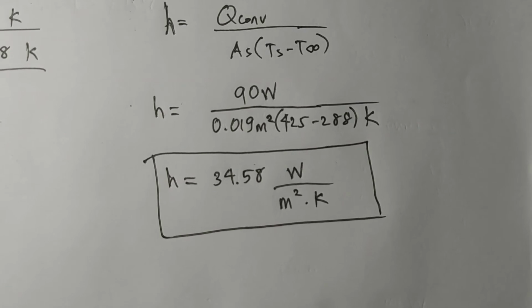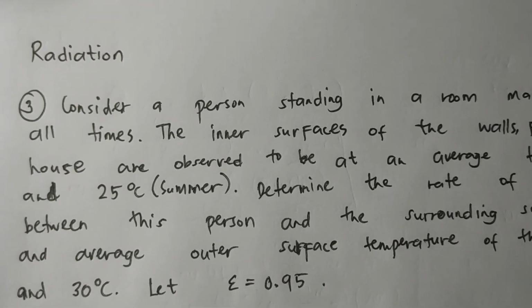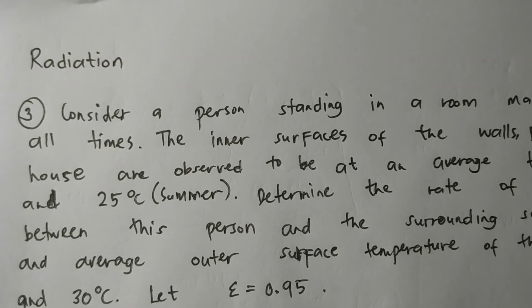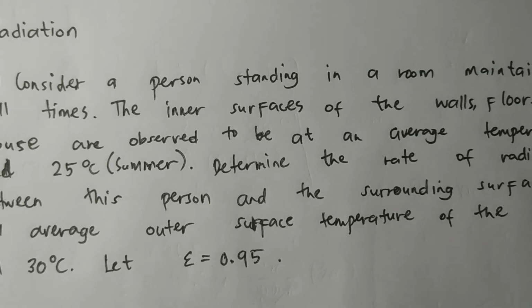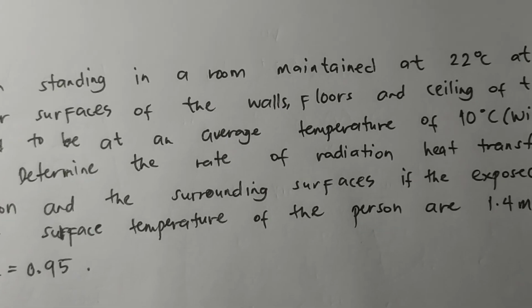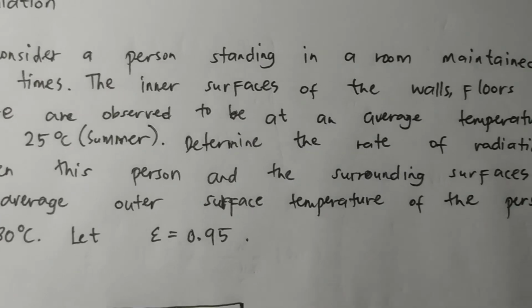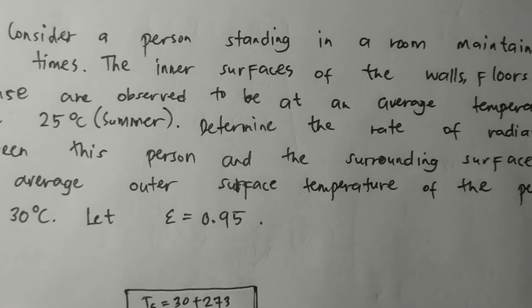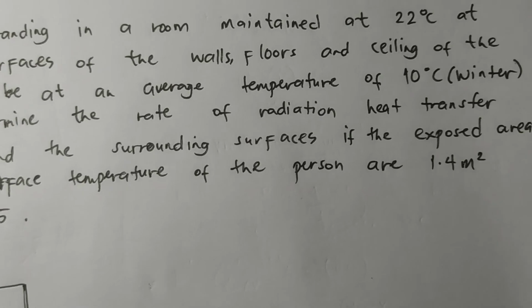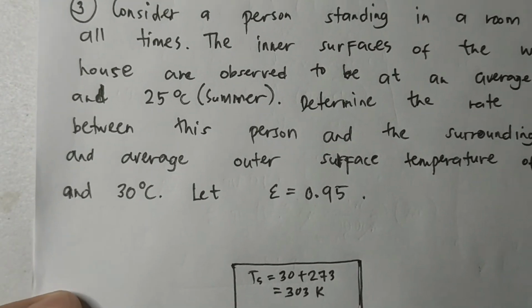Ito na tayo sa pangatlong problem which involves naman ang radiation. So, dito na tayo sa pangatlong problem natin. Ang last problem natin, all about naman sa radiation. Sabi dito, consider a person standing in a room maintained at 22 degrees at all times. The inner surfaces of the walls, floors, and ceiling of the house are observed to be at an average temperature of 10 degrees Celsius during winter and 25 degrees Celsius during summer.